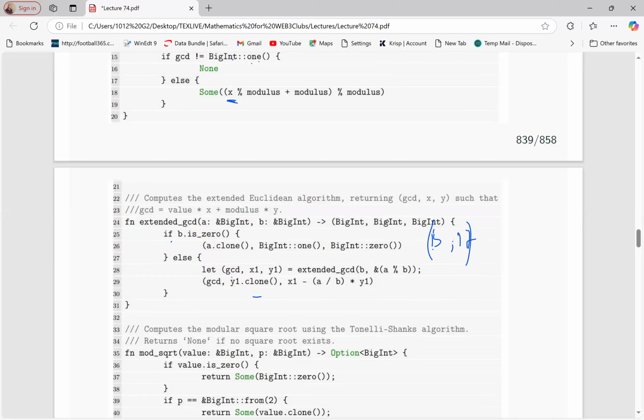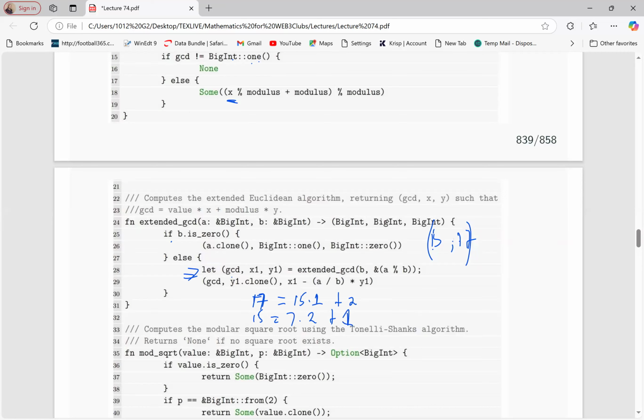So since none of these numbers is 0, we come here, and now we have 17. We're asking ourselves, if 15 were to go here, how many times will it go there? It will go there once, and the remainder will be 2. And what about if 2 were to go into 15? It will be 7 times, and the remainder will be 1.